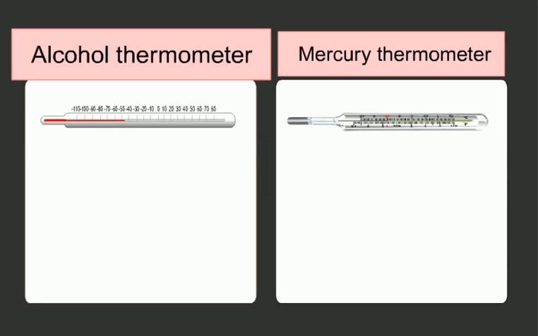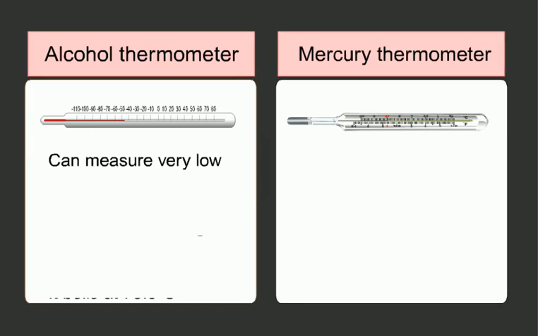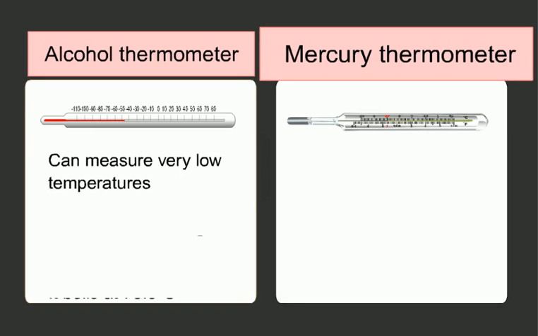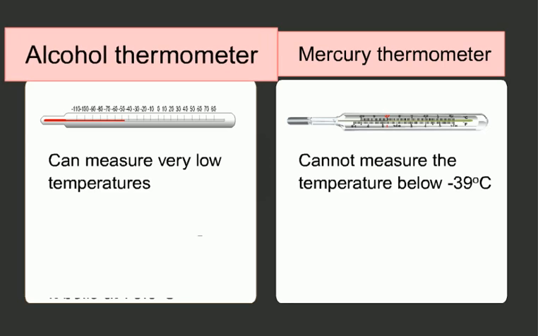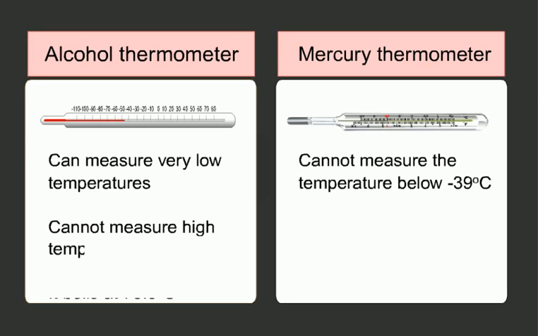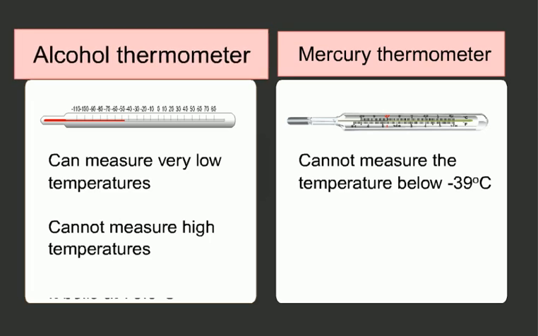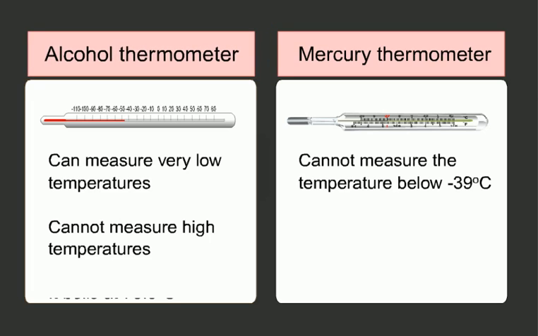It is usually used to measure very low temperatures since a mercury thermometer cannot measure the temperature below minus 39 degrees centigrade. On the other hand, an alcohol thermometer cannot measure high temperatures. It cannot measure even the boiling point of water because it boils at 78.3 degrees centigrade, whereas the boiling point of water is 100 degrees centigrade.